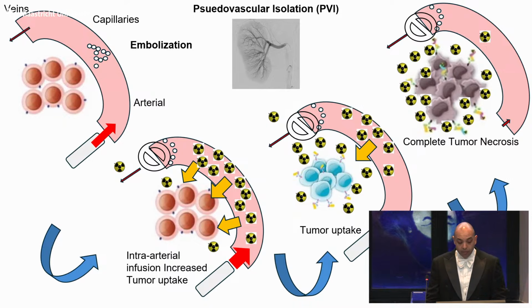And the idea is that after we do that embolization, when we actually give that local drug, we see a much larger percentage of it going into the tumor, and a much smaller percentage going into the systemic vascularity.